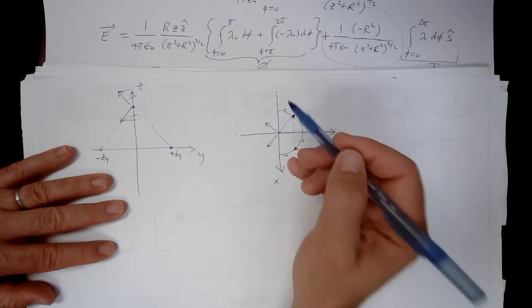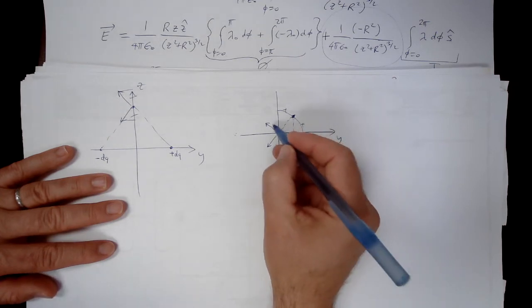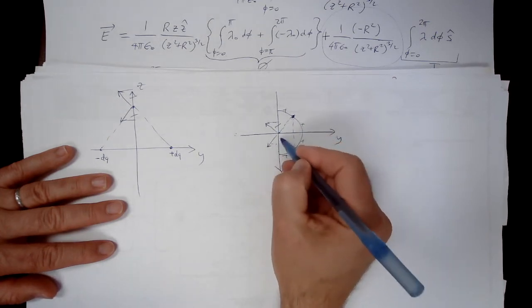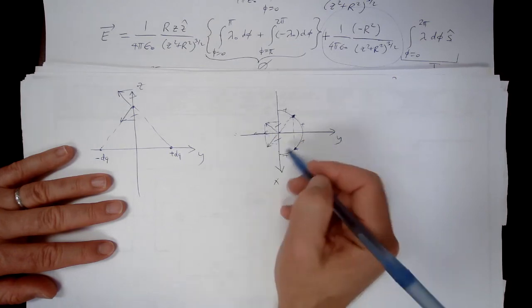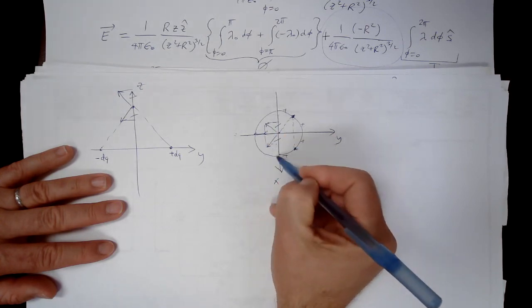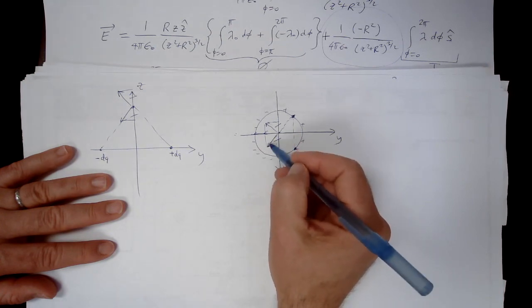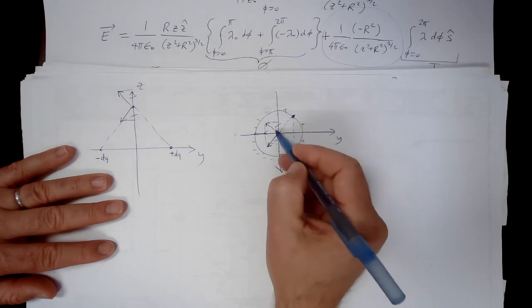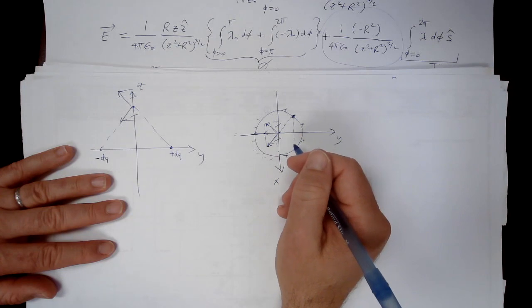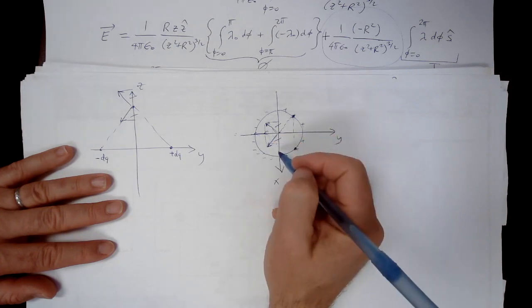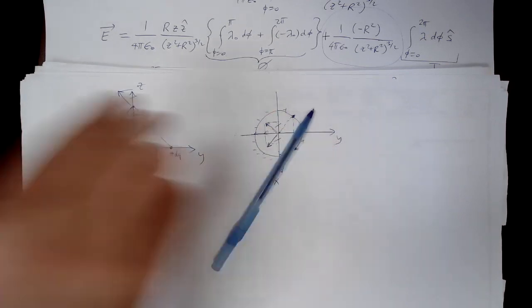Or you can think of any projection of the vectors on the Z-axis on the XY plane, that's going to generate these kinds of vectors. So as you see here, the X components cancel out, and the components in the negative Y direction add up. If you do that for the negative charges, you'll get something similar, because again these vectors will point in the same direction, and their X components will cancel out. So we expect the net electric field to be only in the negative Y direction. I hope you enjoyed the solution.